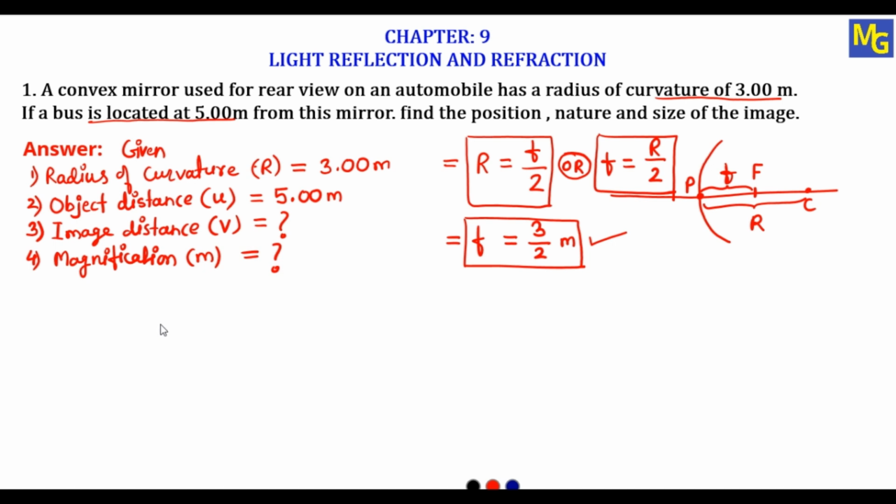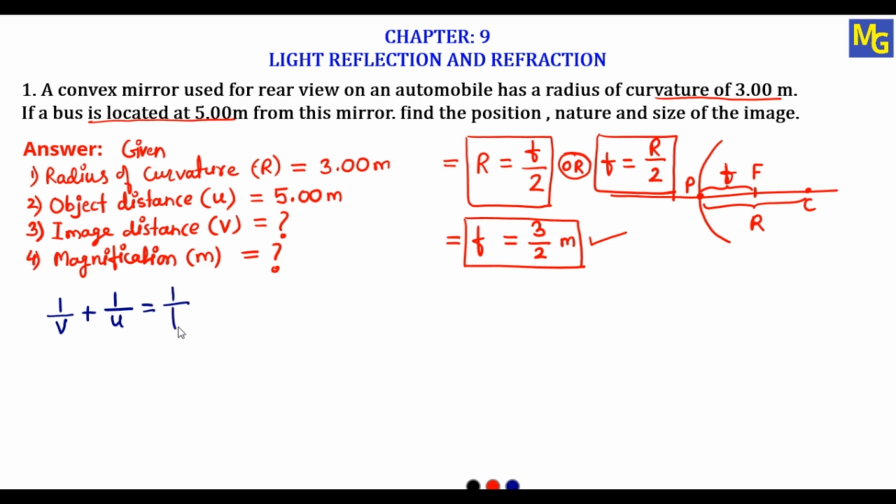Here we are going to use our mirror formula. So I'll write down the formula. First we will write the formula as it is, and then we will rearrange it. The formula is 1 by v plus 1 by u is equal to 1 by f.